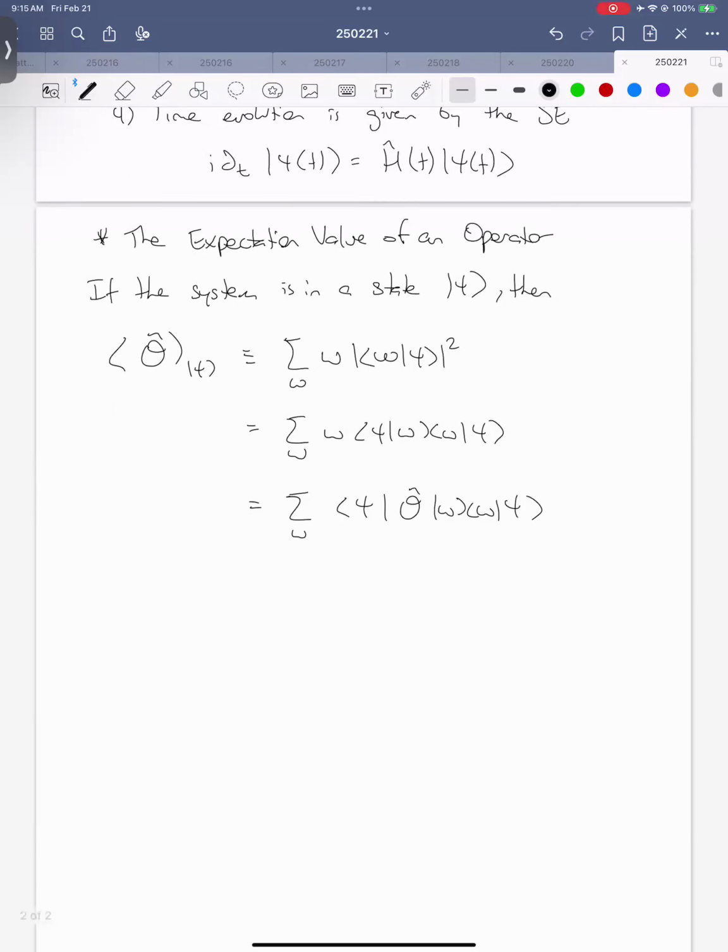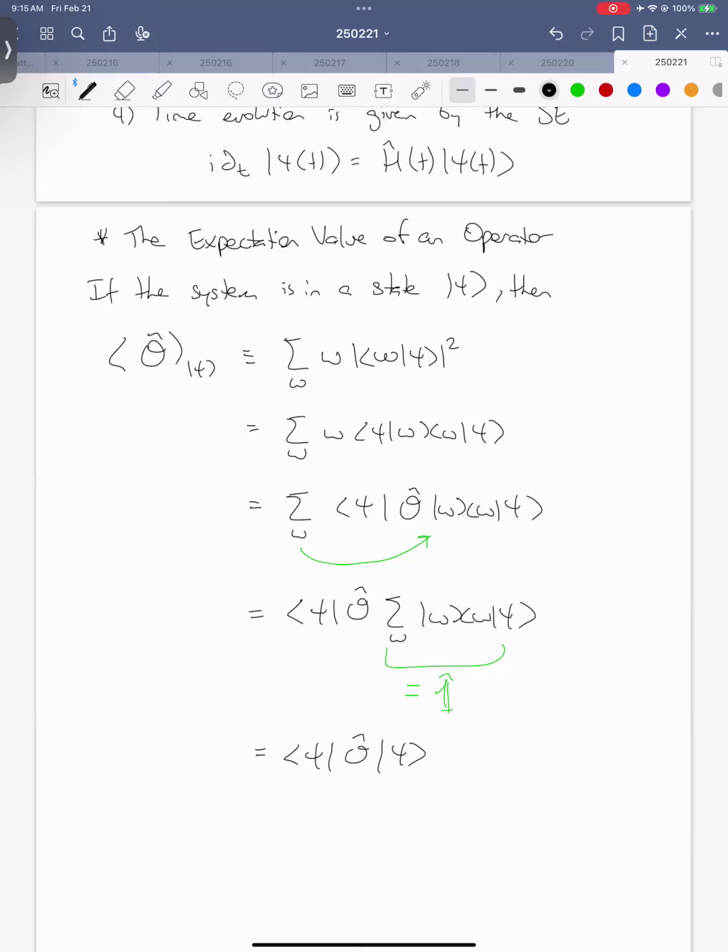And now we can bring this sum over omega through. And remember, the sum over the eigenstates is just the identity operator. So we can then pull that out.